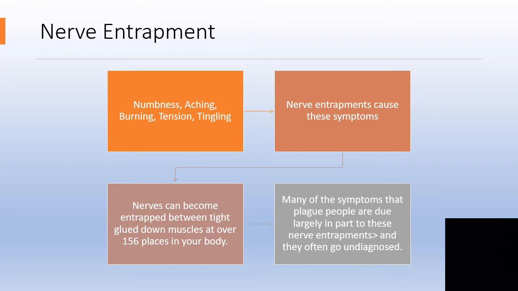Nerve entrapments are responsible for causing these symptoms. And we can see nerves become entrapped between tight glued down muscles at over 156 places in the body. And as I said before, a lot of the symptoms we see in clinic, I would say up to 80% of them have some form of nerve entrapment involved as a critical driver in creating pain and or numbness, tingling.